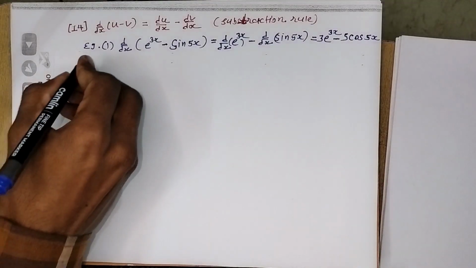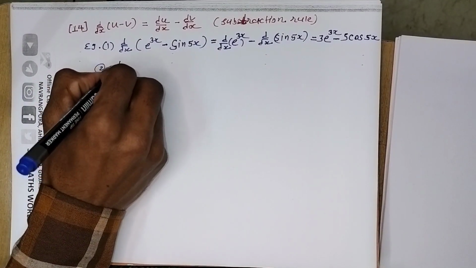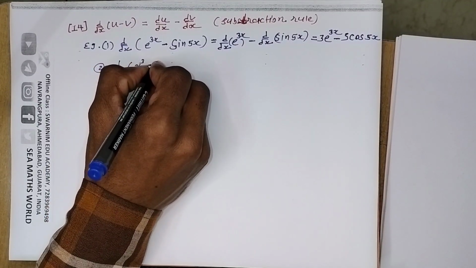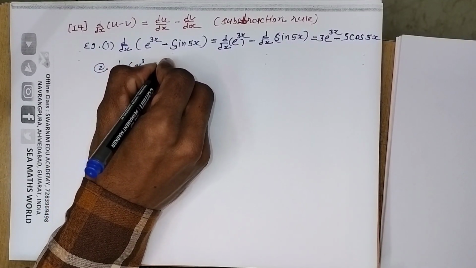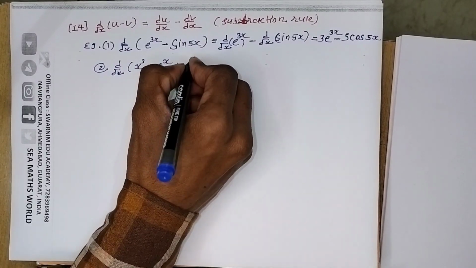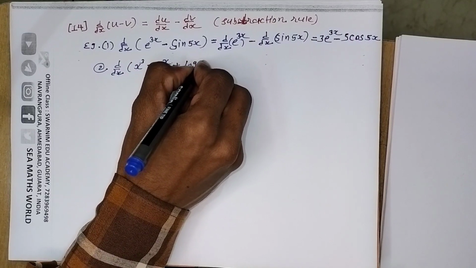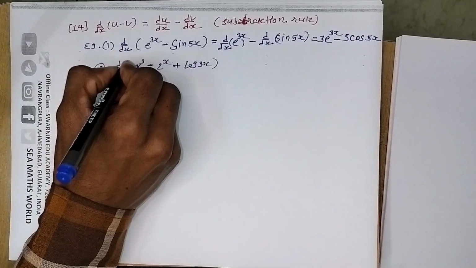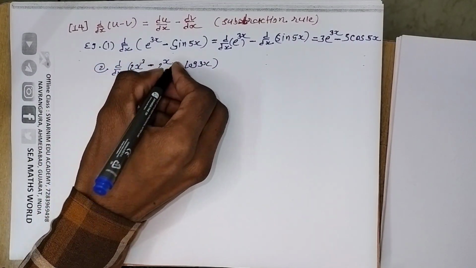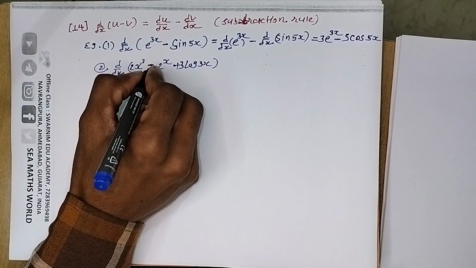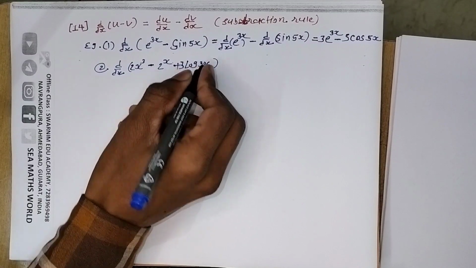Now one more example. Differentiation of x cube minus 2 raised to x plus log 3x. Like 2x cube minus 2 raised to x plus 3 log 3x.